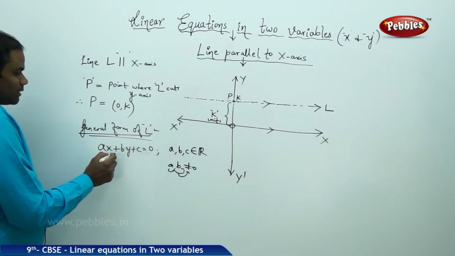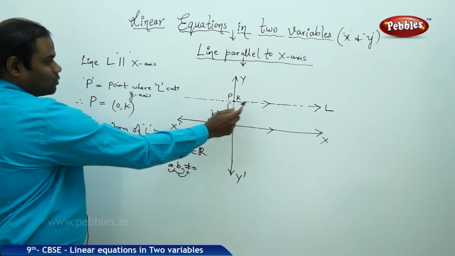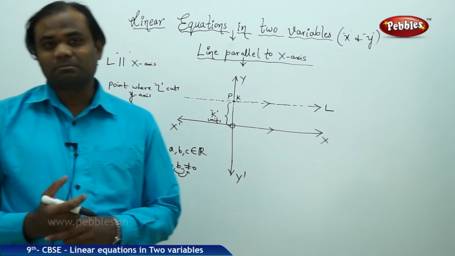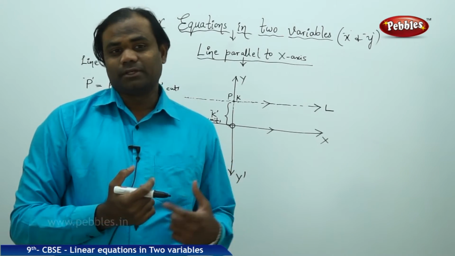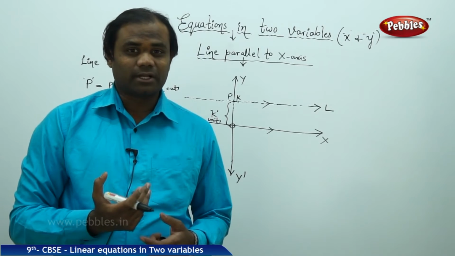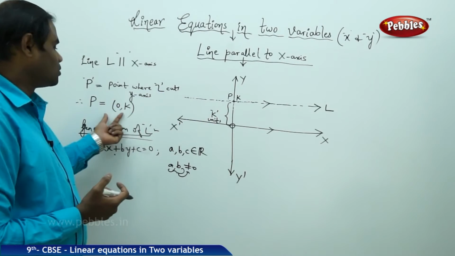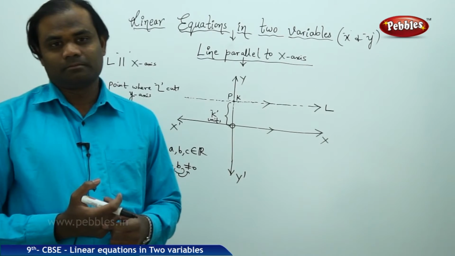Now since this line passes through the point P, the coordinates of the point P must satisfy the given equation, is how we understand the representation of the line through the point (0, k).